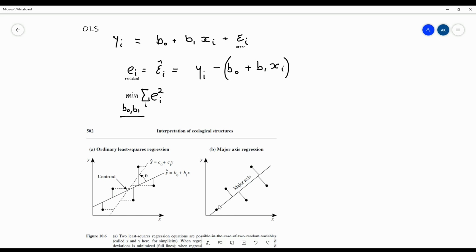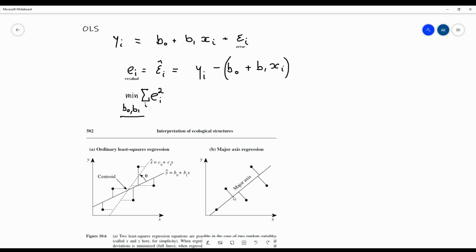When we found this line, what we did was minimize the distances from these observations to the line, not horizontal or vertical deviations, but the perpendicular lines.